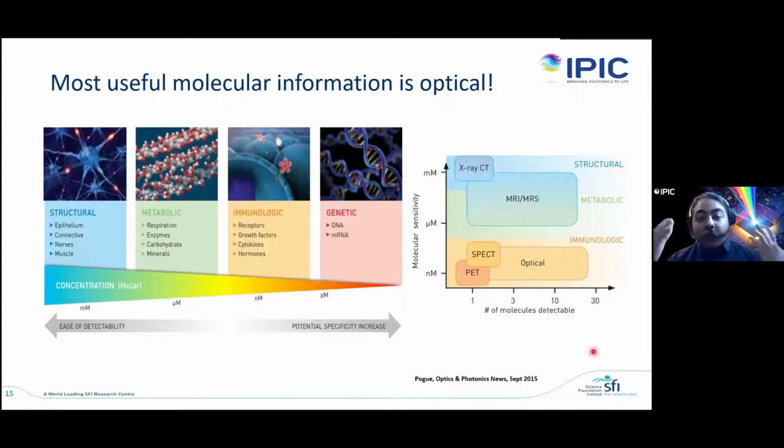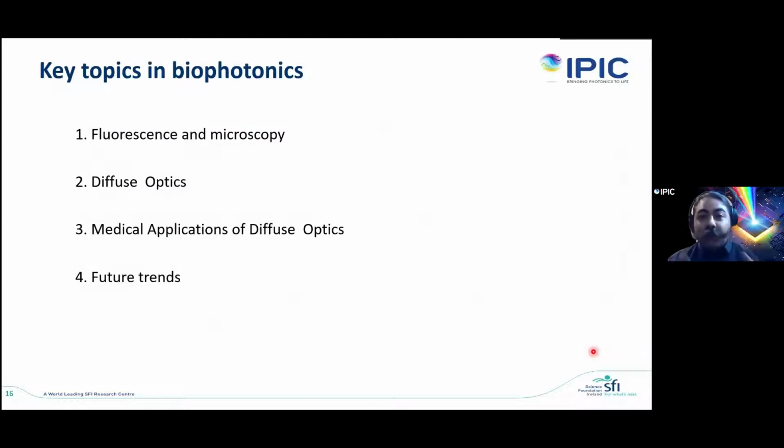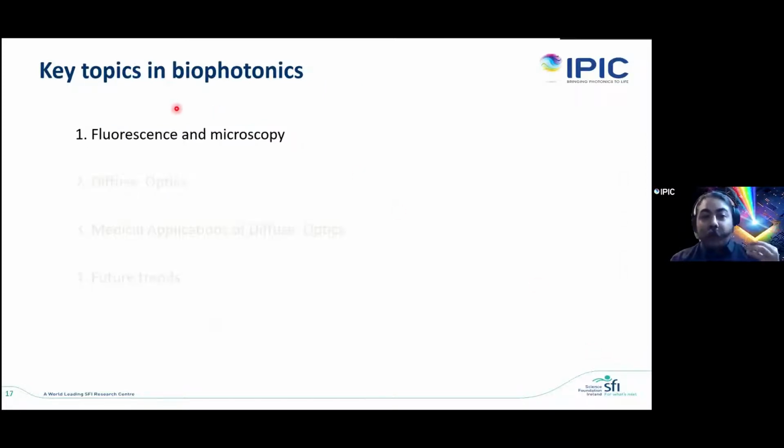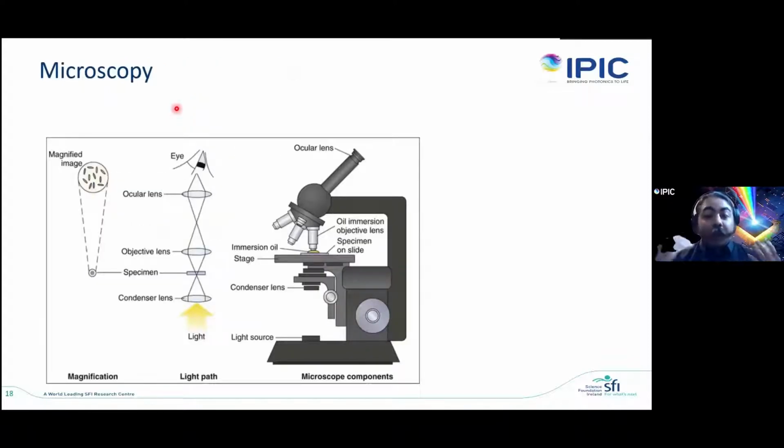Now, thinking about all these advantages, let's go through some of the key topics in biophotonics. These would be first fluorescence and microscopy, and we go through the other topics right after. So if we think about just conventional microscopy, what you have is a very straightforward path with light illuminating the sample from the bottom.